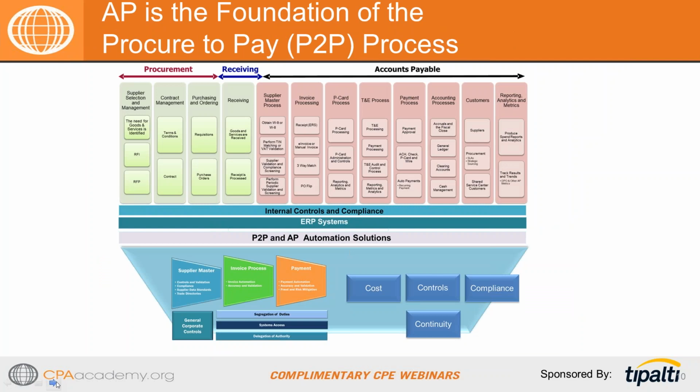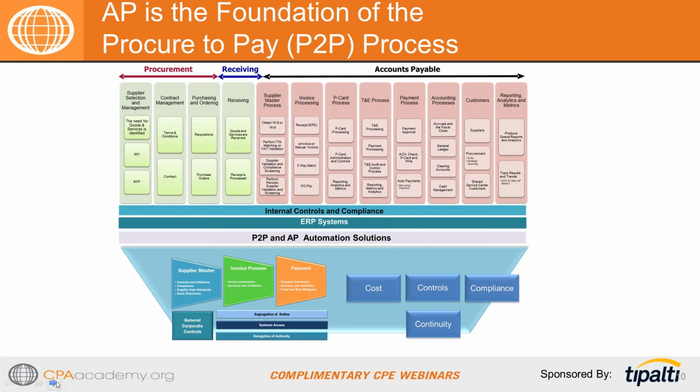And we know that accounts payable is definitely the foundation of the procure-to-pay process. And we absolutely need procurement and receiving to do their thing and help us get that three-way match control in place. Two-way match, of course, for an evaluated receipt settlement process.